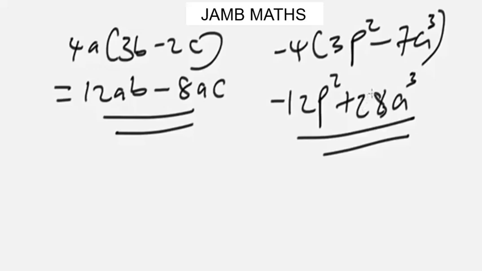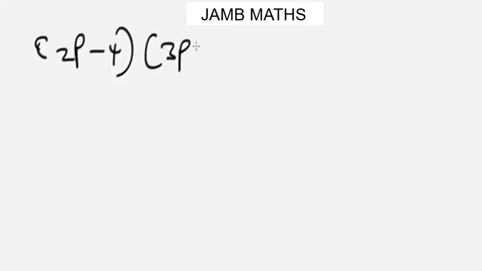Now let's wipe this and look at how to deal with problems involving double brackets, which is the kind of problem you see in maths. Let's begin with this example. Let's say we are given 2p minus 4 in brackets, and we have 3p plus 1.